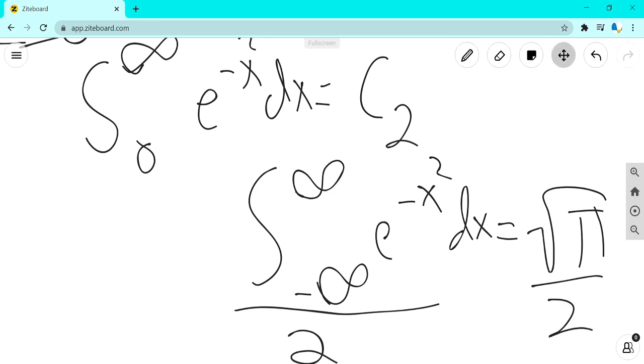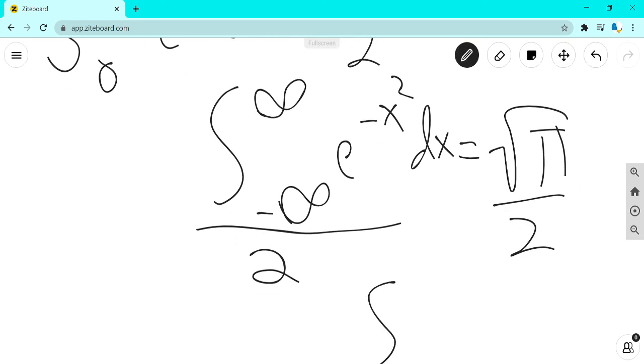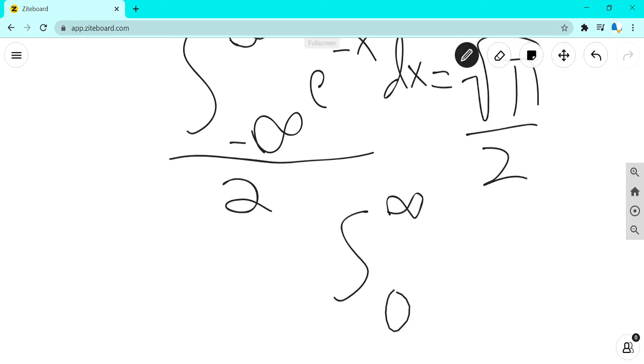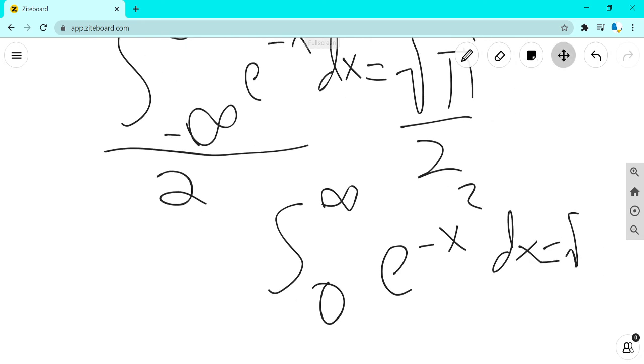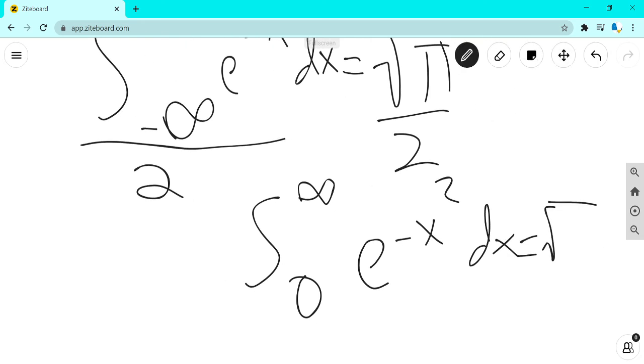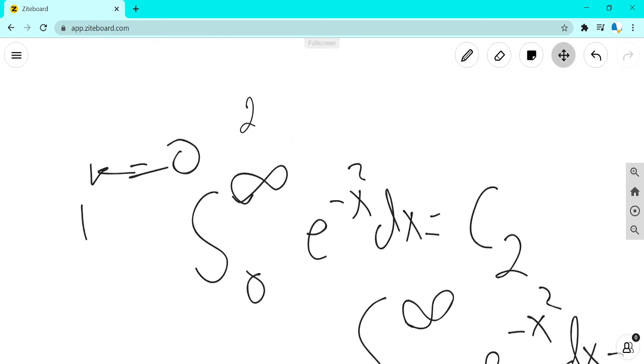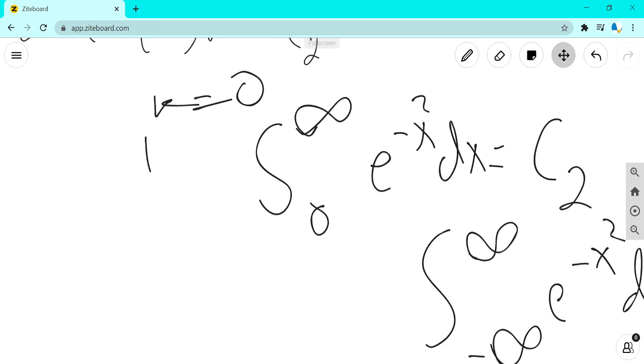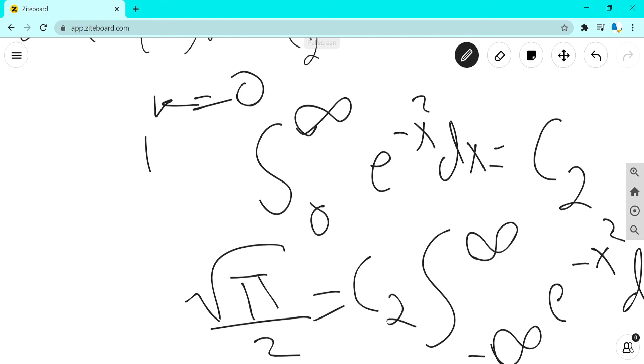The integral from 0 to infinity of e to the negative x squared dx is equal to square root pi over 2. So we figured that square root of pi over 2 is equal to our c2 in this case.